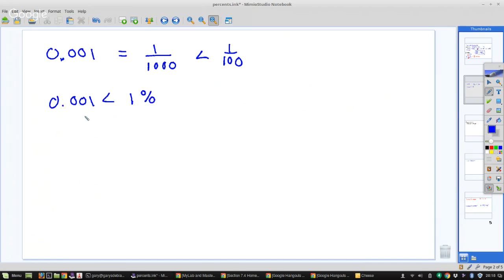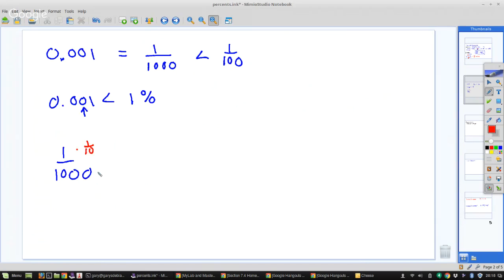So if you think about this as being a single percent, 1%, 2%, and so on, over here, we're just to the right of that, we would be at 0.1%. So if I were to say divide top and bottom by 10 here, so take 1 out of 1,000, we know that a fraction will be equivalent if we multiply or divide by the same number top and bottom.